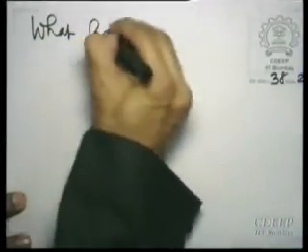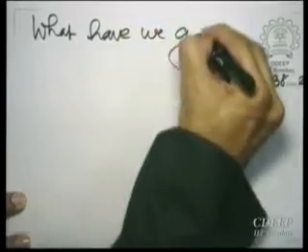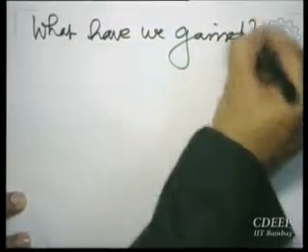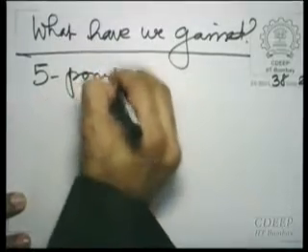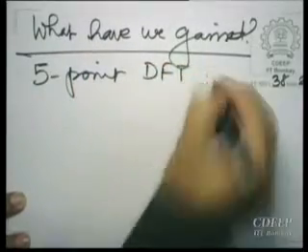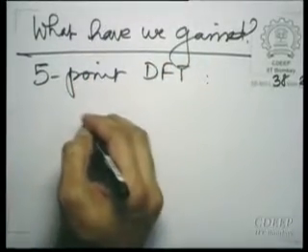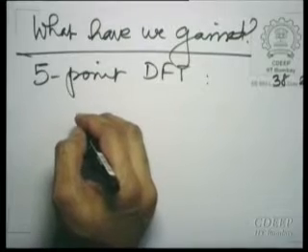Whatever it be, let us get a feel of what we have gained by this. So for example, if we take a 15-point discrete Fourier transform, what exactly have you gained? A 5-point DFT, you see the 5-point DFT at least at the moment cannot be reduced or simplified any further.